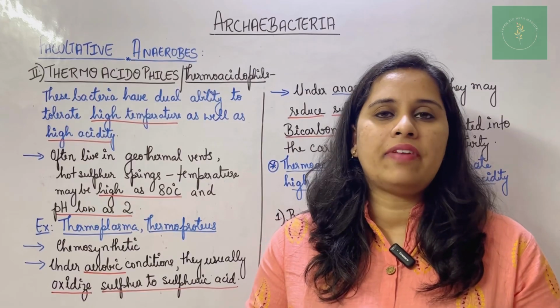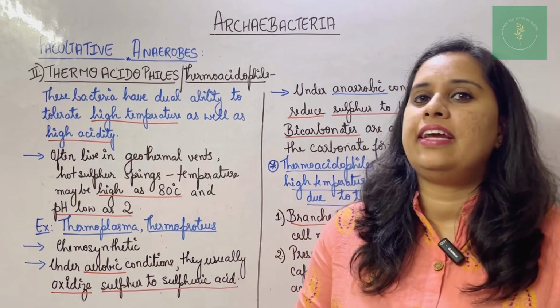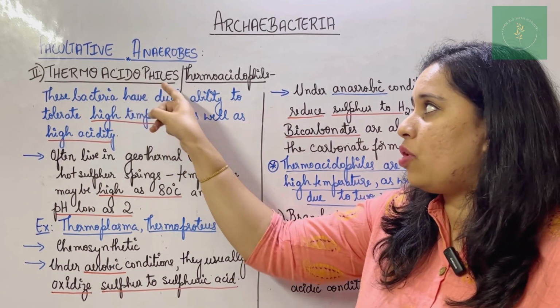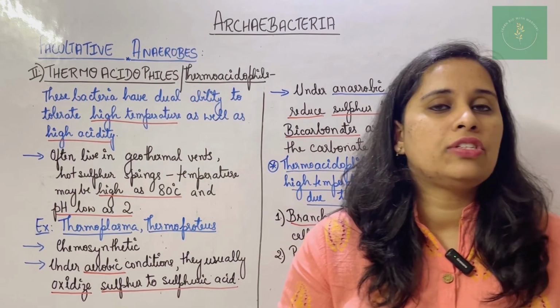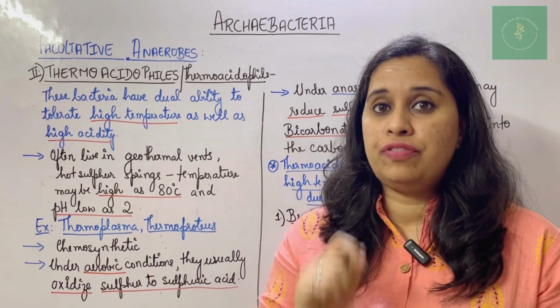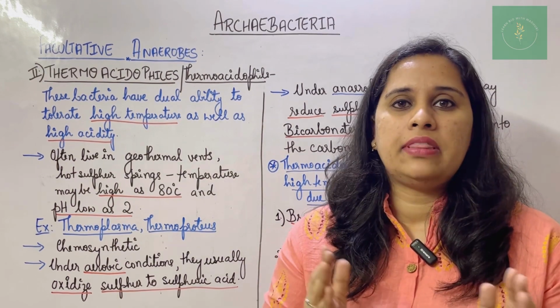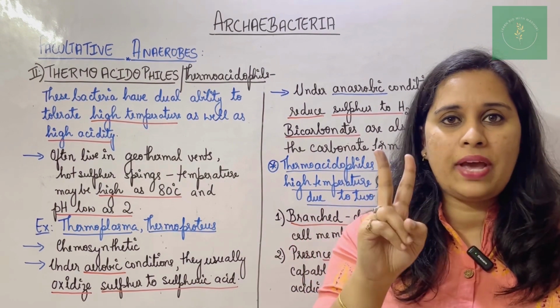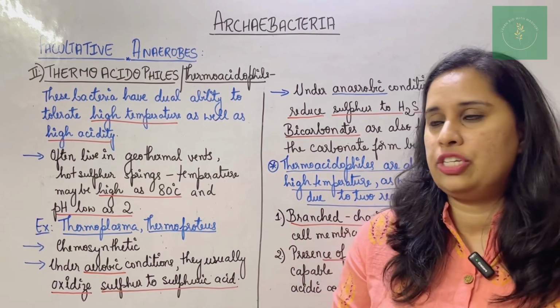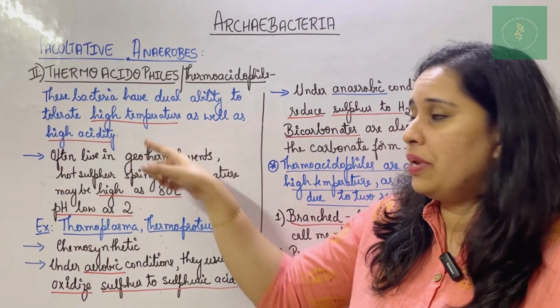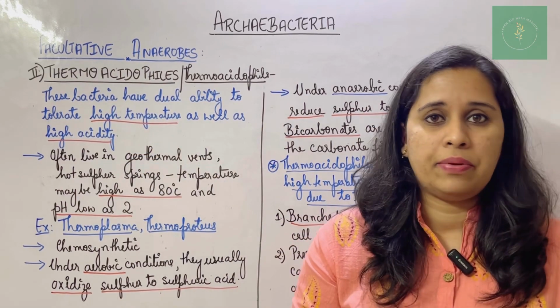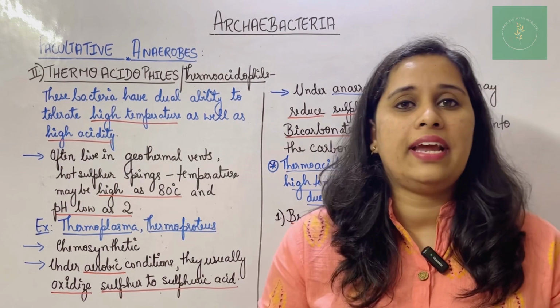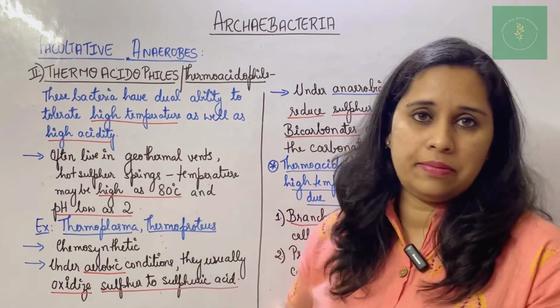The second type of Archaebacteria under facultative anaerobes is Thermoacidophiles. By the name thermoacido, these Archaebacteria can live in dual conditions. They can tolerate high temperature as well as high acidity.